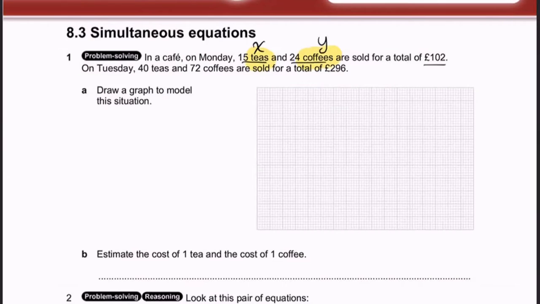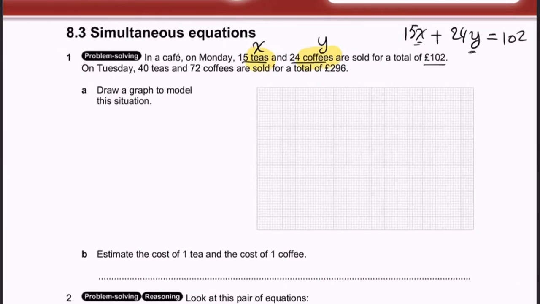Okay. So now it's telling 15 teas, I mean 15x. If you have 15x and if you have 24y, if you add these together, you will get 102 pounds. Okay. So what is x and what is y in this case? x here is the cost of 1 teacup, and y here is the cost of 1 coffee cup.